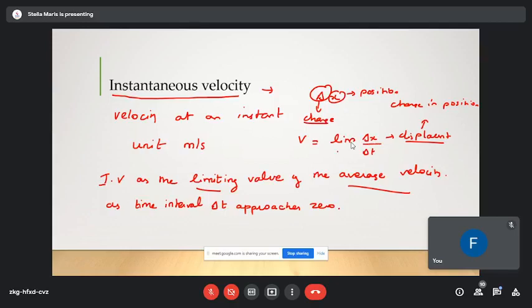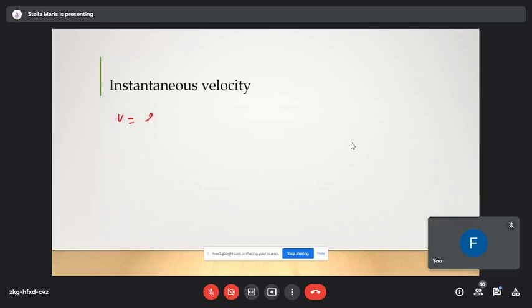So del x by del t, as del t becomes 0. So we know that v is equal to the limit as del t tends to 0 of del x by del t. So it becomes dx by dt. What is this?